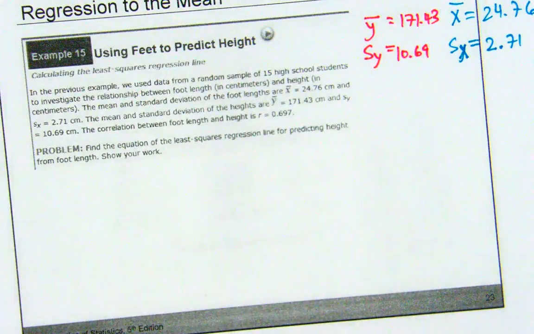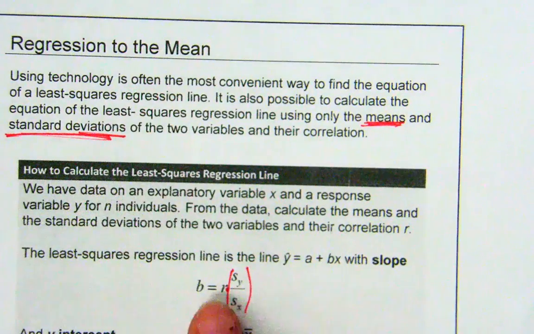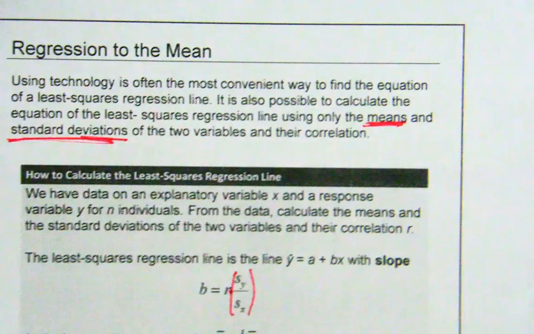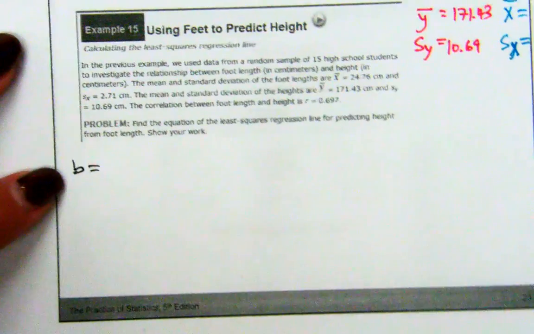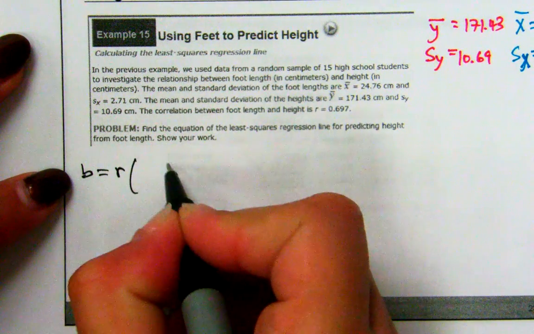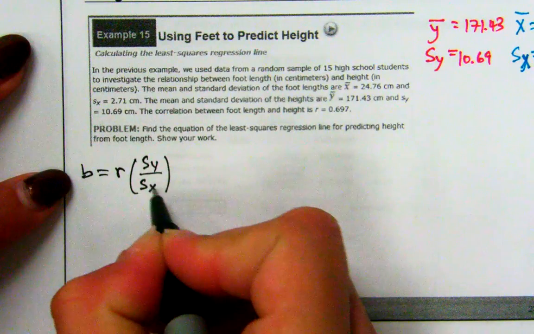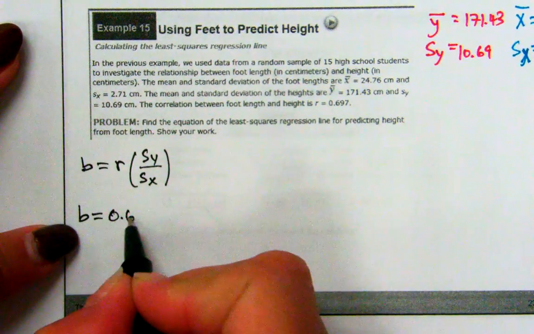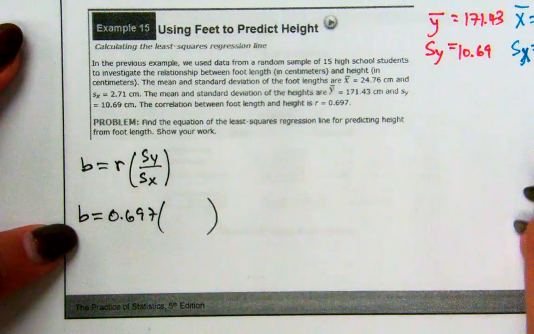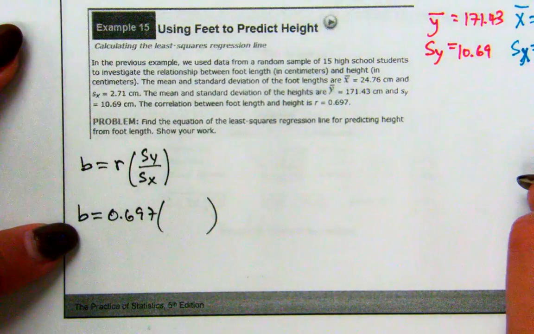Okay, here we go. I did not memorize this, so I'm going to have to look at it. So B is r times sy over sx. Whatever value we get for B is going to be r times the standard deviation of y over the standard deviation of x. So the value of B is going to be 0.697 multiplied by 10.69 over 2.71.